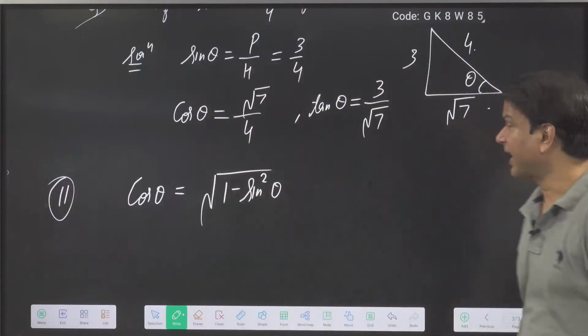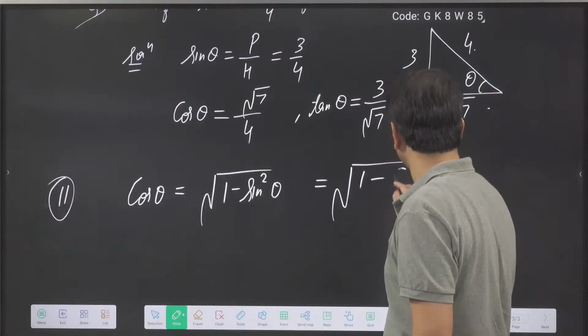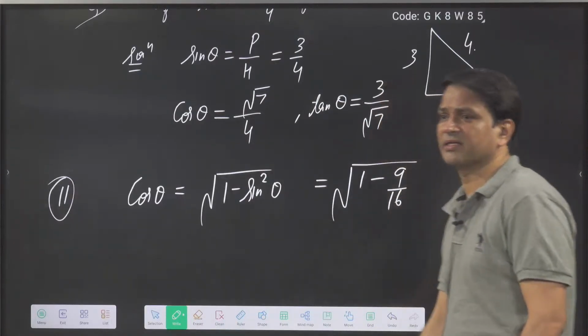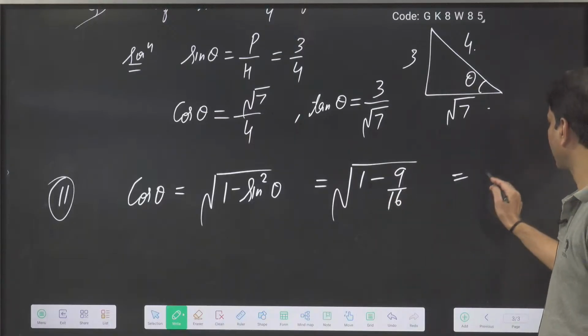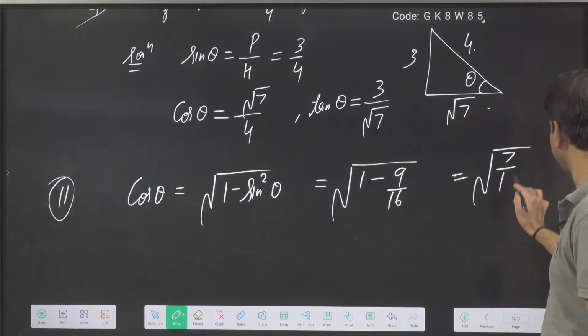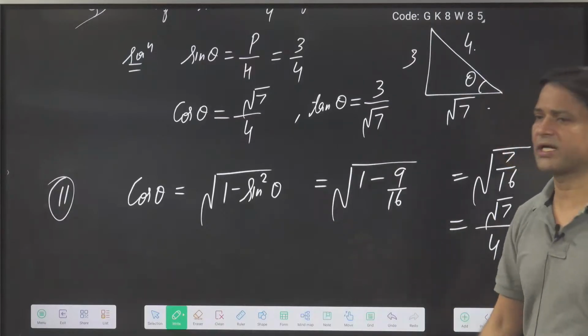Sine theta I gave 3 by 4, then the square will be 9 by 16. Now 16 minus 9 is 7, taking 16 as the LCM. So you got root 7 by 16, which I can write as root 7 by 4. So directly I got the cos theta.